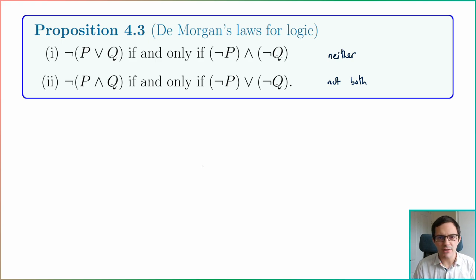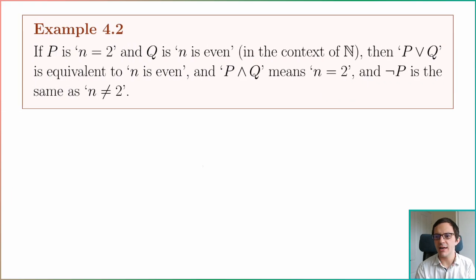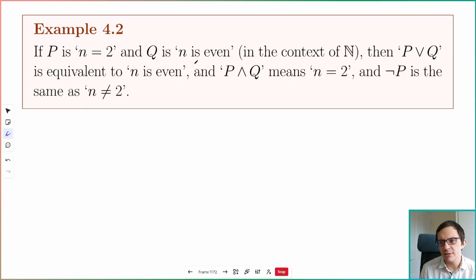Okay, I skipped over an example, so let's have a look at this. This is interpreting some symbols. If I have P for the statement n is 2, which is quite a simple statement, and I have Q for the different statement n is even, we're talking about natural numbers here, then P or Q means n is 2 or n is even, which simplifies a bit.